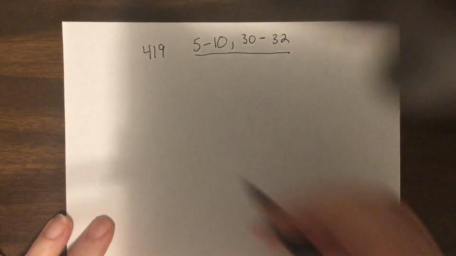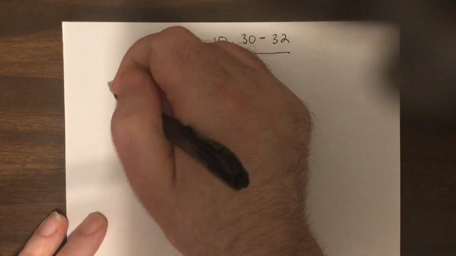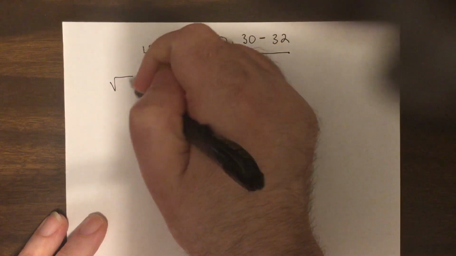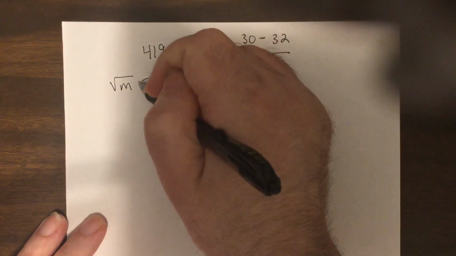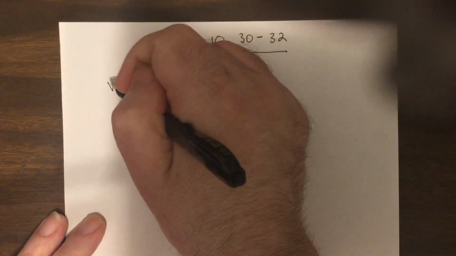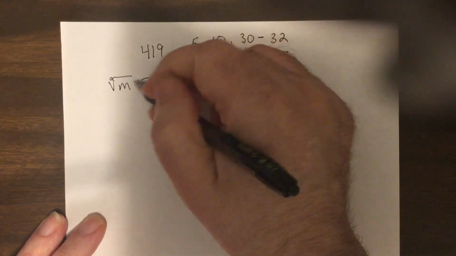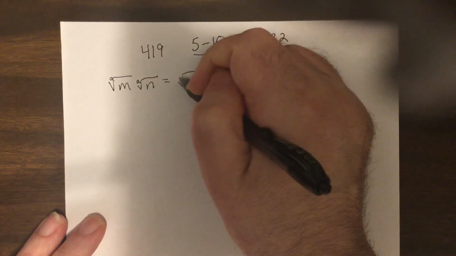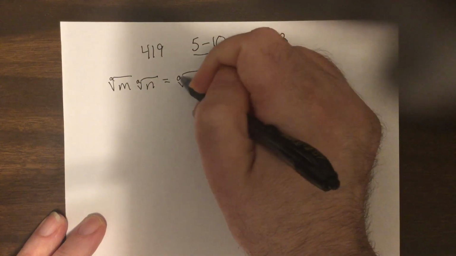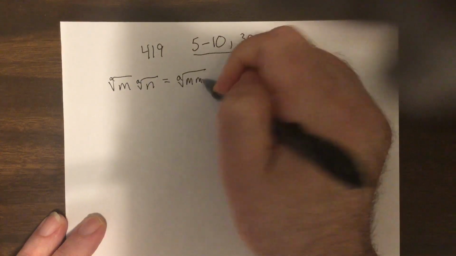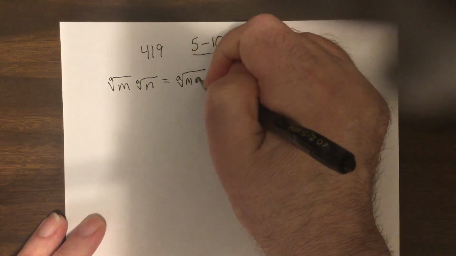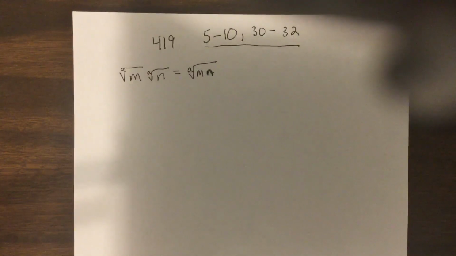But anyways, what if I have a product? Well, I can actually rewrite that as the index of A radical mn. That's supposed to be an n. So why would I do that?